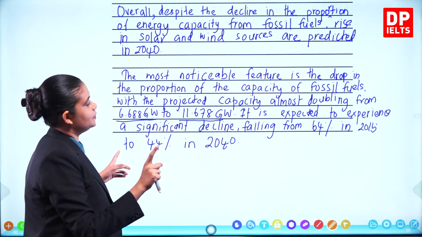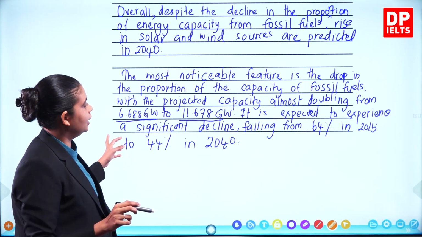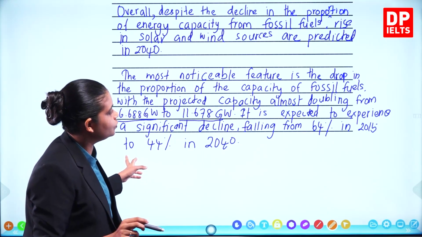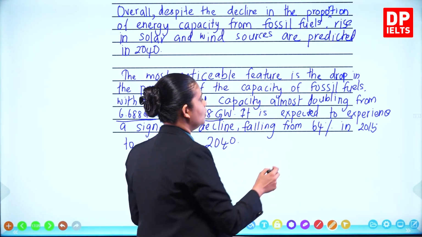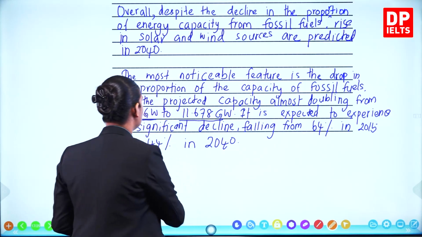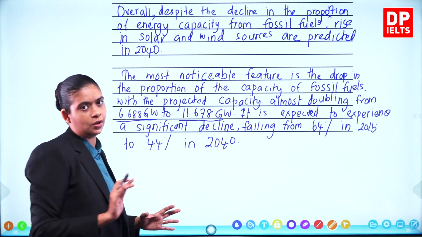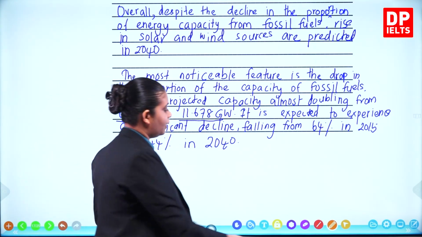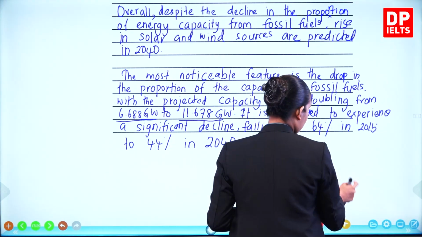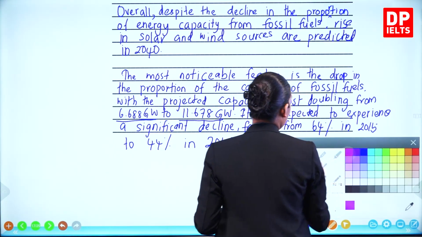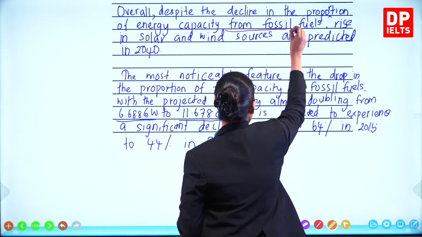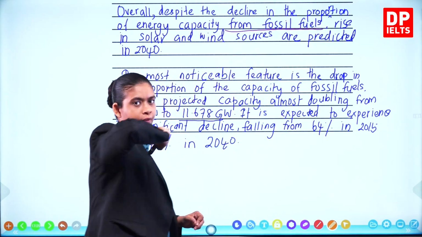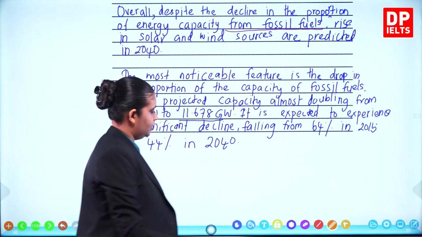So in terms of fossil fuels, it is expected to experience a significant decline, falling from 64% to 44% in 2040. So if I take one color, give me a minute. Here, this was my main trend 1. Okay, that's my main trend 1.